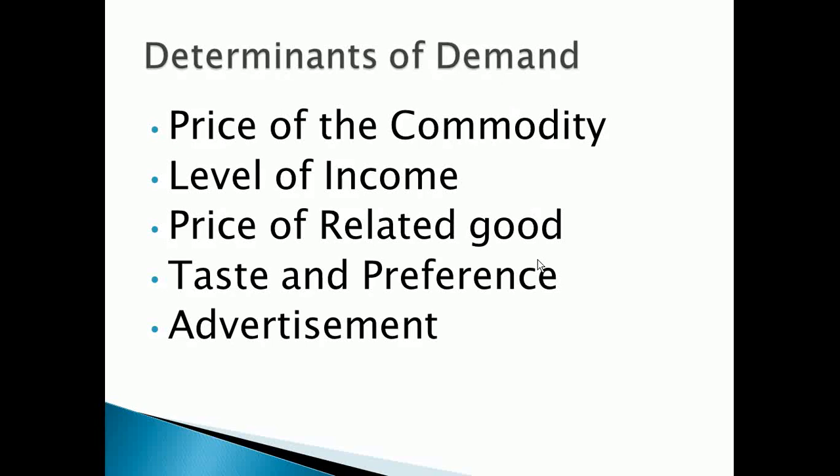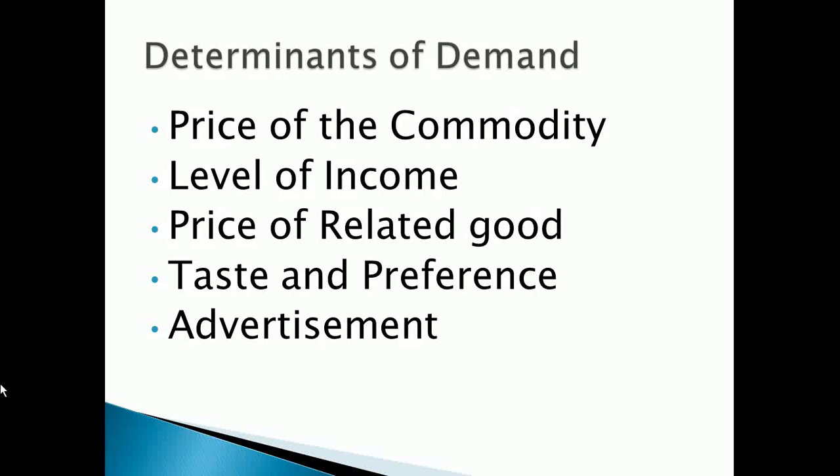So the price of related goods can determine what quantity a consumer can purchase per time. Of course, taste and preference change at different times. And advertisement can motivate and stimulate the desire to purchase goods when it comes to an individual.